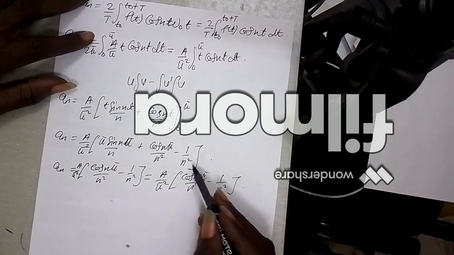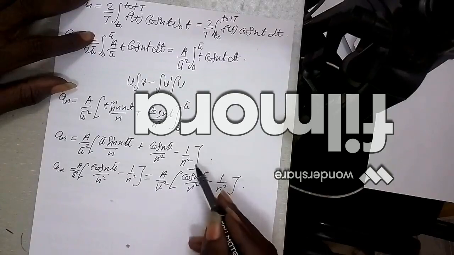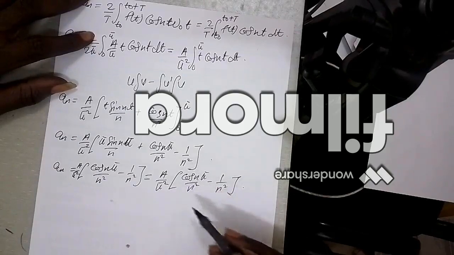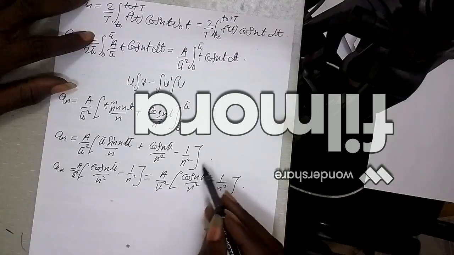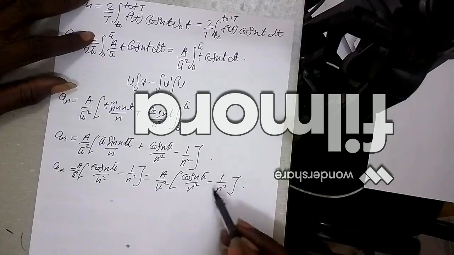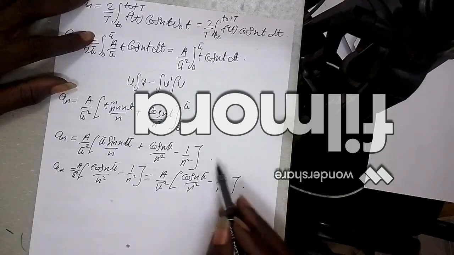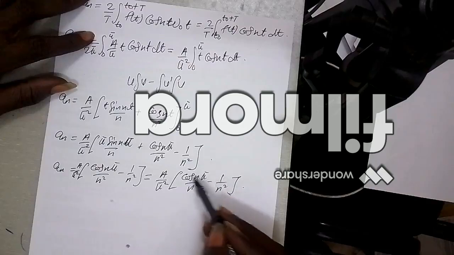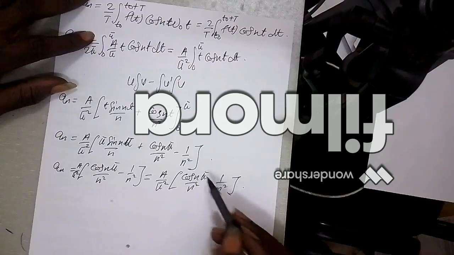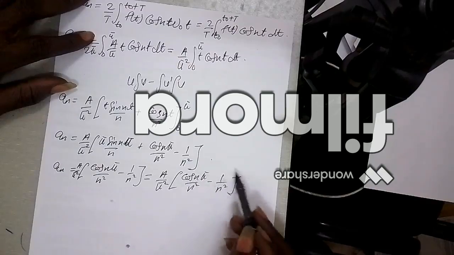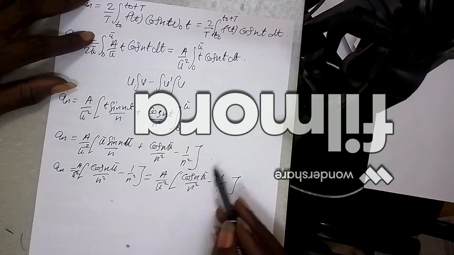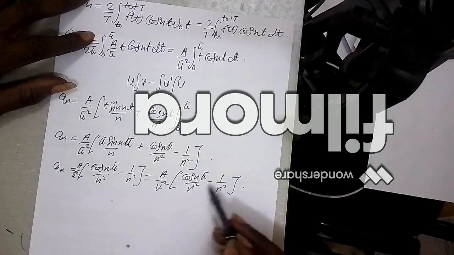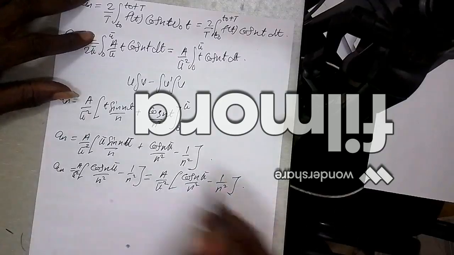If n is 3, cos 3 pi is negative 1, so negative 1 over n squared minus 1 over n squared. If n is 4, it will be positive 1, so 1 over n squared minus 1 over n squared is 0. If n is 5, cos 5 pi is negative 1, so negative 1 over n squared minus 1 over n squared. If n is 6, cos 6 pi is positive 1, so it will be 0.